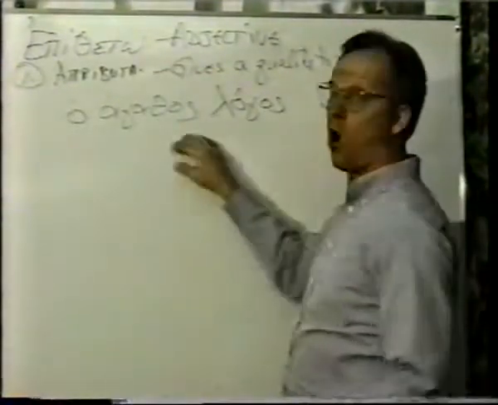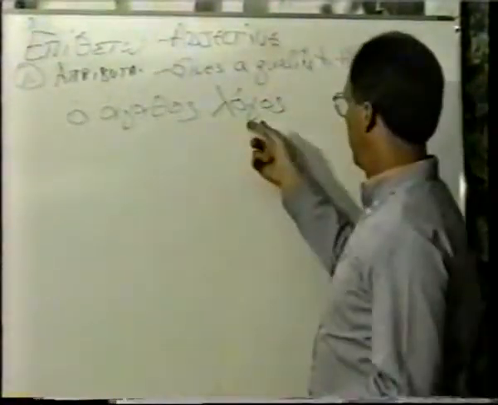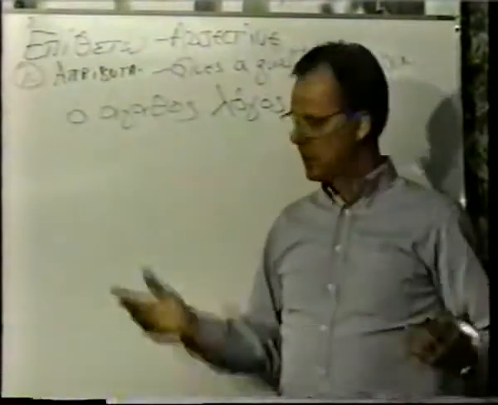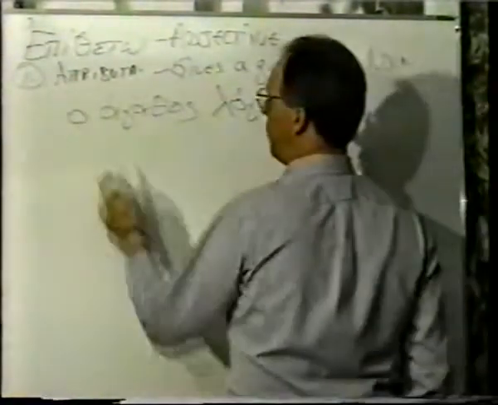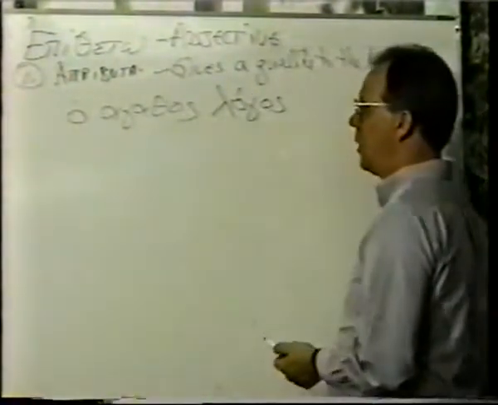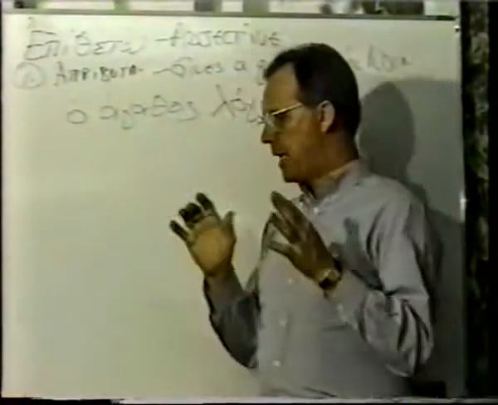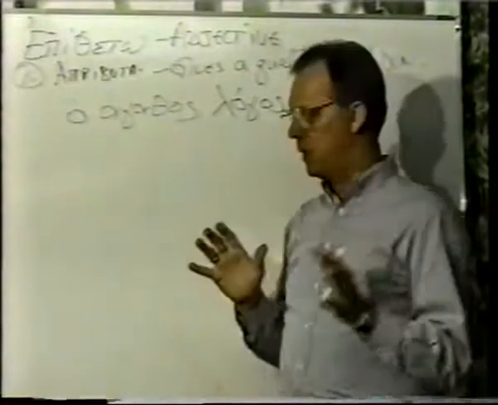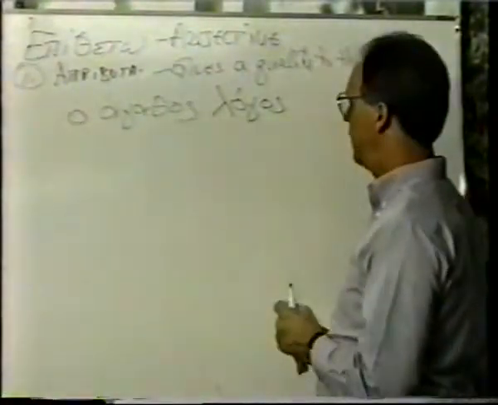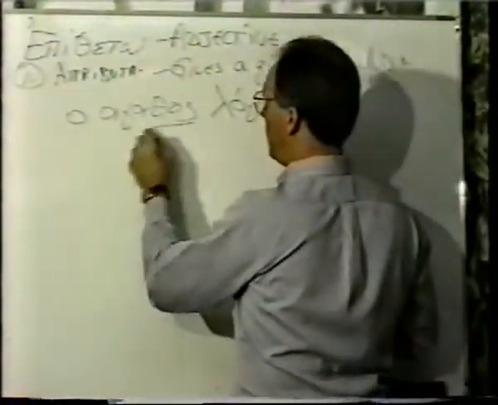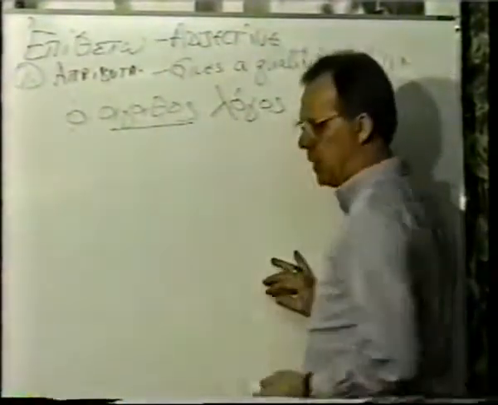Now you probably already know what this is. Everyone knows what the logos means. That's the word. You now know what o means and agathos. We see here o agathos logos. It has two positions, the epitheto or the adjective here. The adjective here comes between the article and the subject.